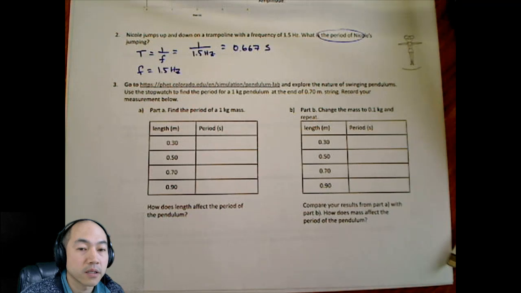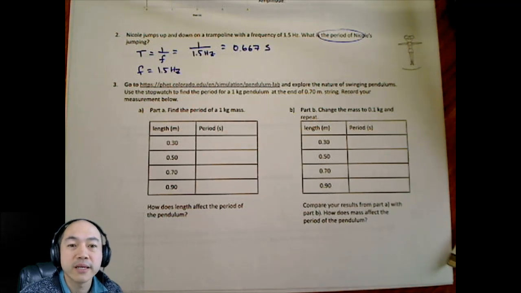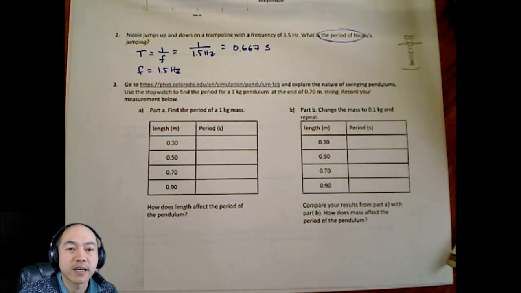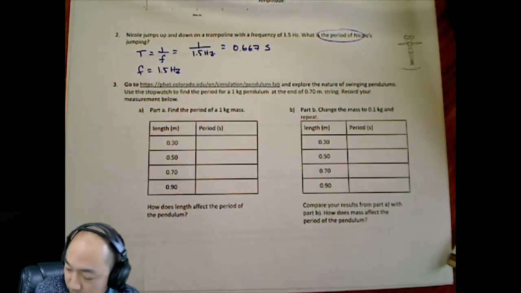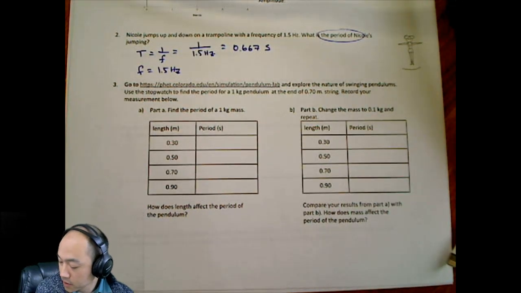And then I'll click run. 1, 2, 3, 4, 5, 6, 7, 8, 9, 10. So 10 was 11.54 seconds.